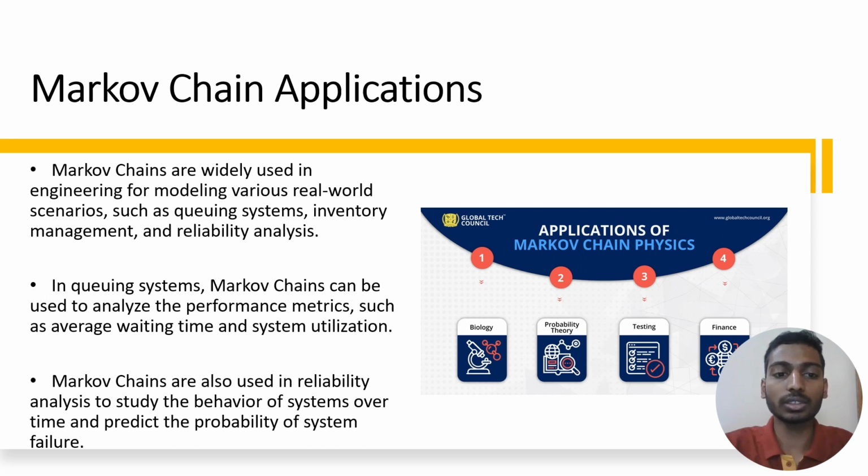In queuing system, Markov chain can be used to analyze the performance metrics such as average waiting time and system utilization. Markov chains are also used in reliability analysis to study the behavior of system over time and predict the probability of system failure.